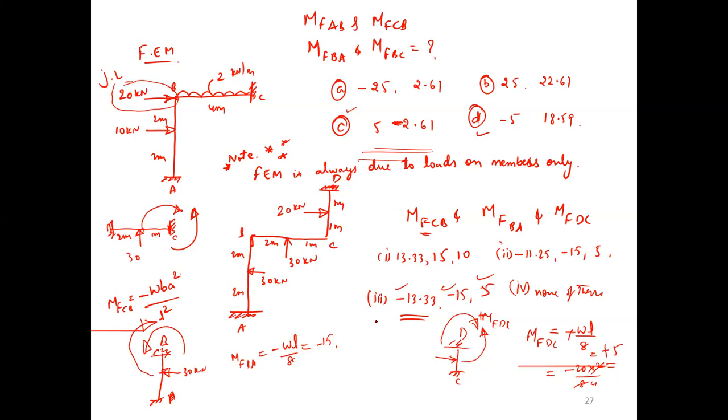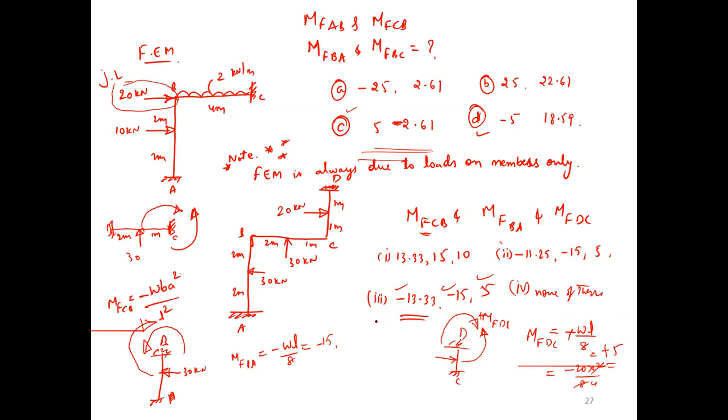Sir, I have a doubt. If it is BA, then it is coming from B towards A, right? So if it is MFBA, you have to consider the rotation towards A, right?